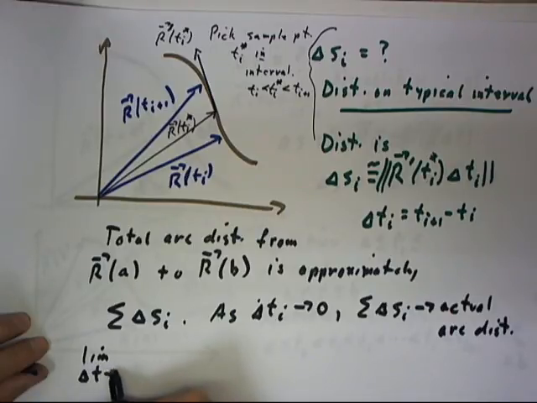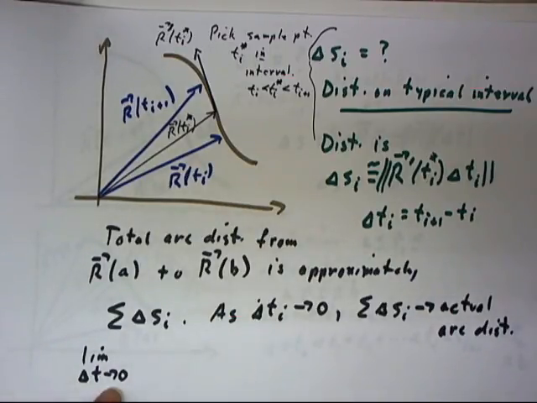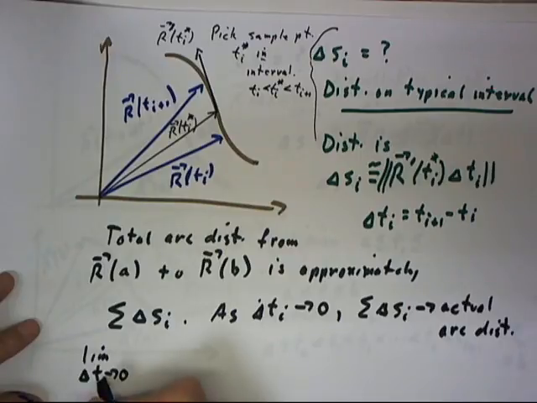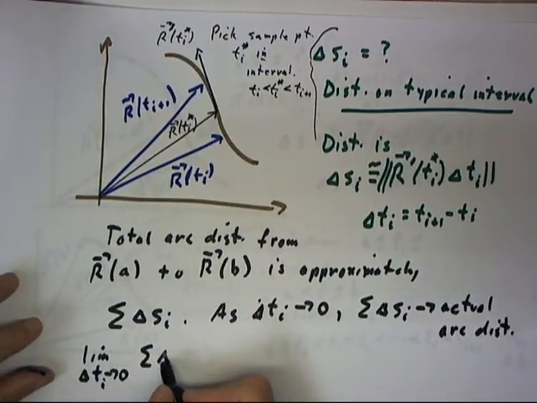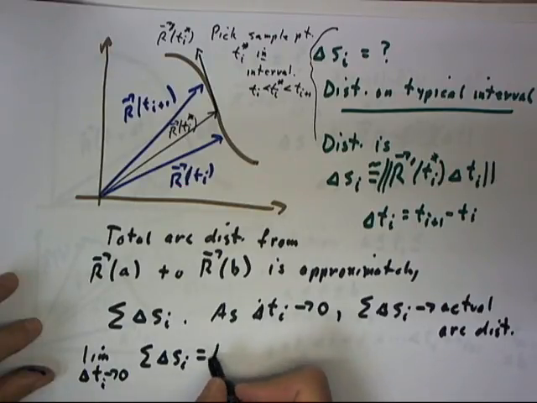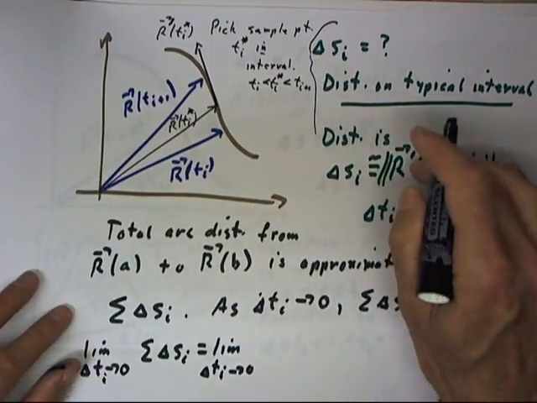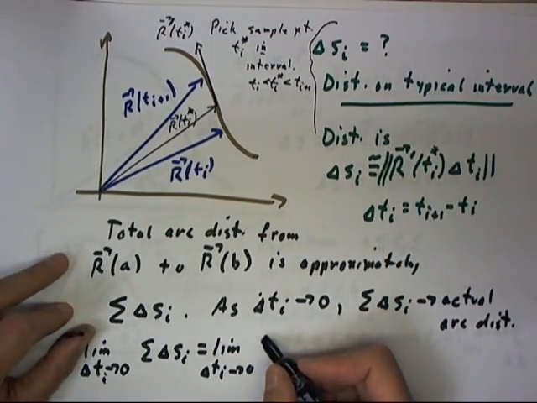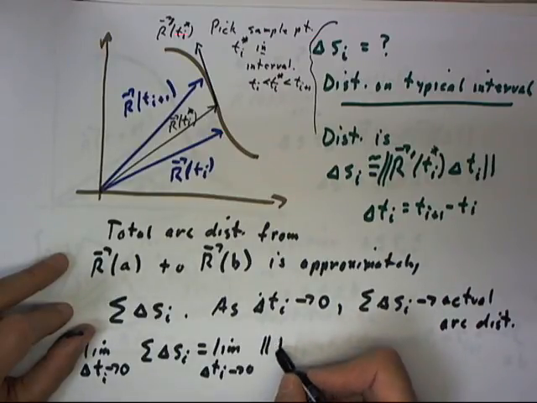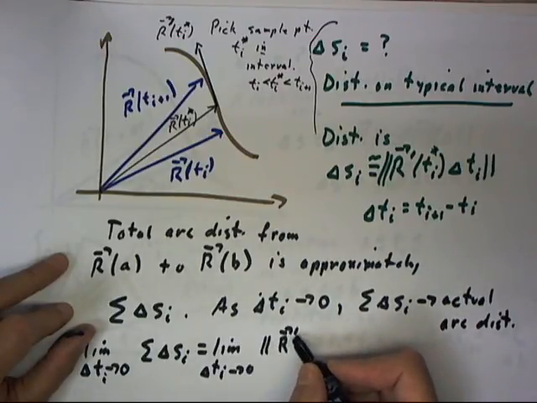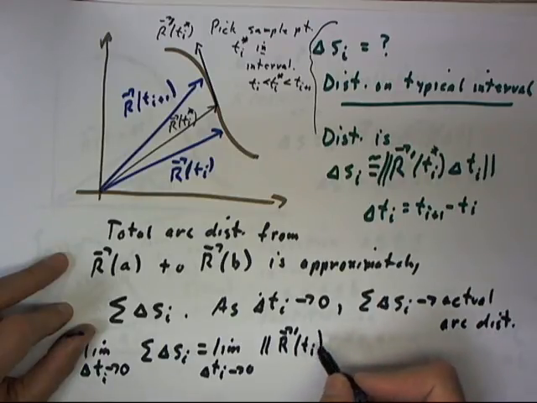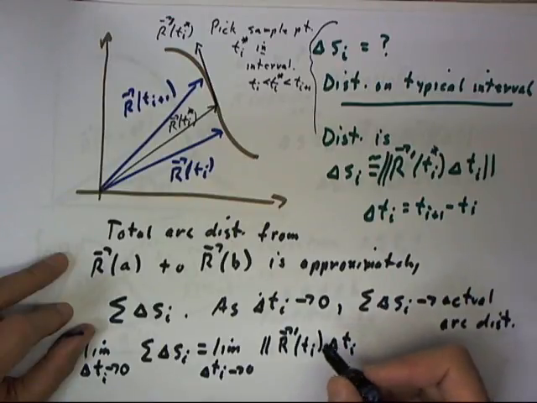Now the limit, and again I'm not being real rigorous here, as delta t sub i goes to 0 of the sum of delta s sub i is the limit as our delta t sub i's approach 0 of this expression. Okay, this is the absolute value of r prime of t sub i delta t sub i.